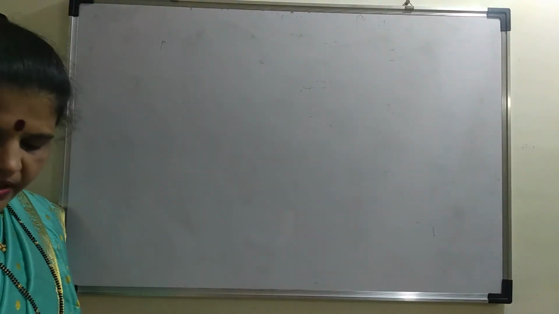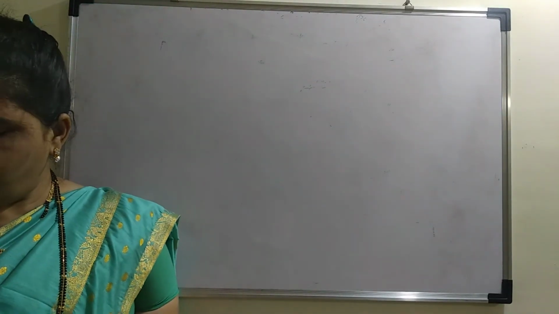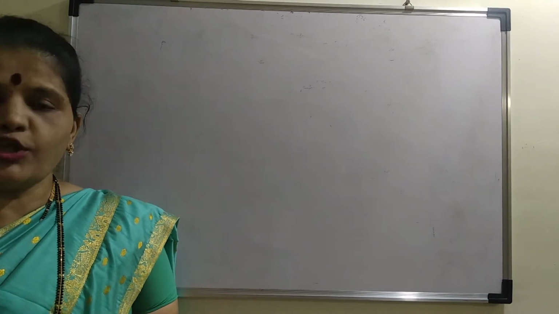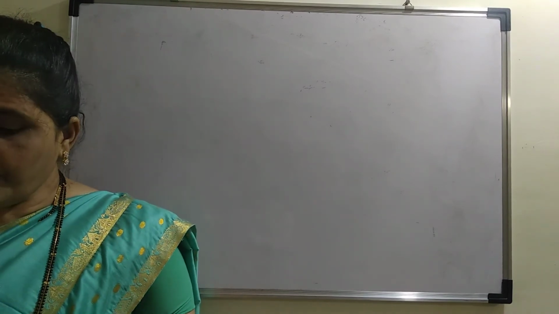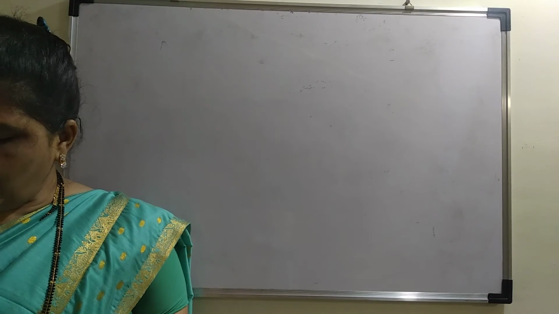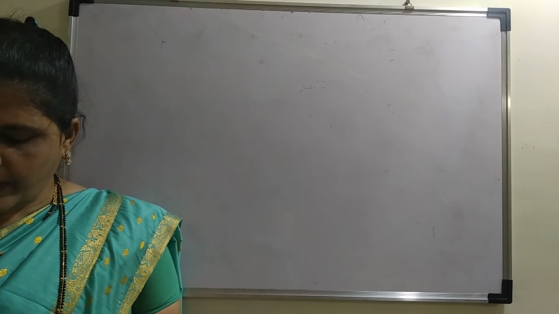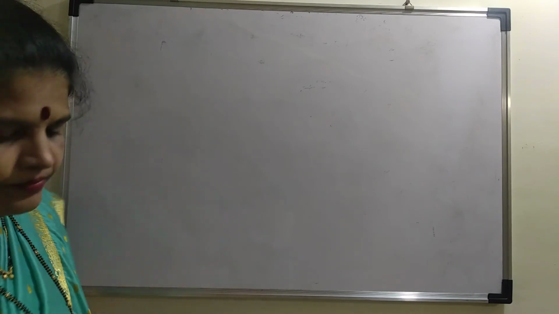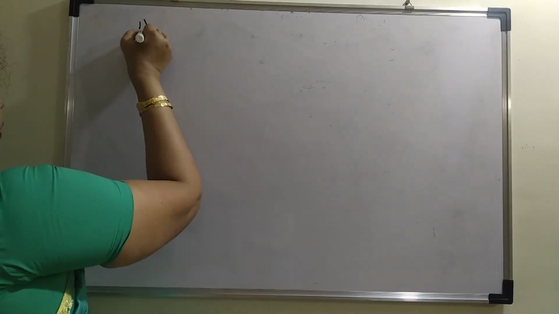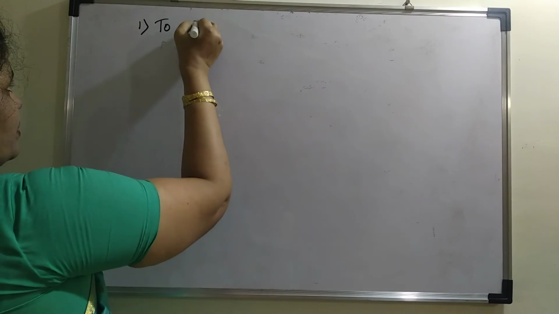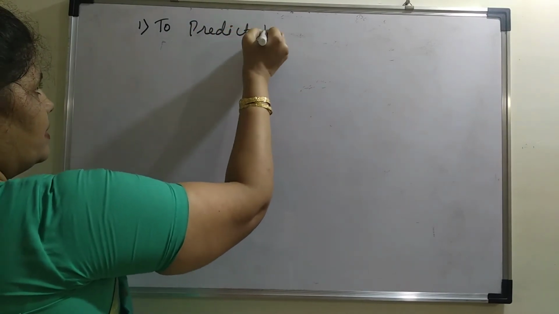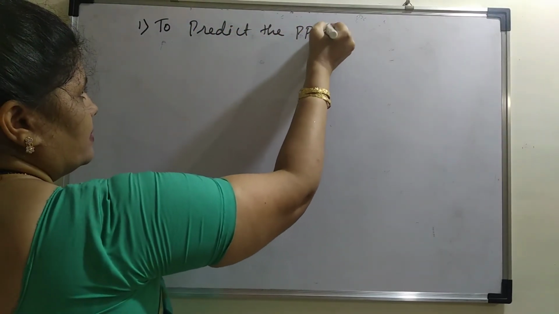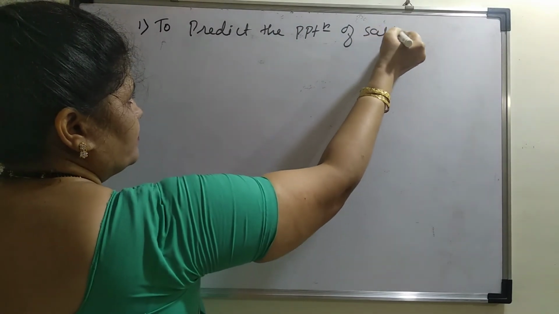When we see the concentration terms, we compare the solubility product and the ionic product. So what should be the relation between them? I am writing some of these equations here on the blackboard. So we have to predict. The first and very important application is to predict the precipitation of salts.